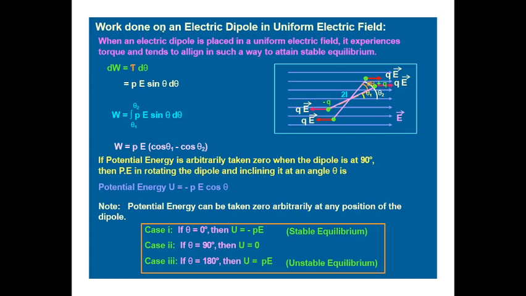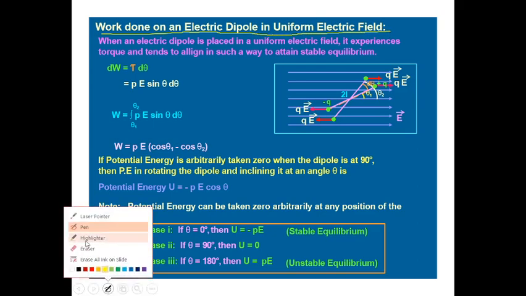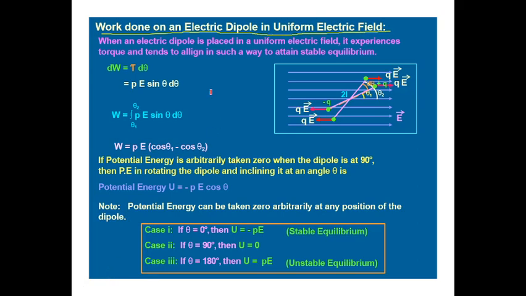Then, work done on an electric dipole in a uniform electric field. What is the work done when an electric dipole is placed in a uniform electric field?